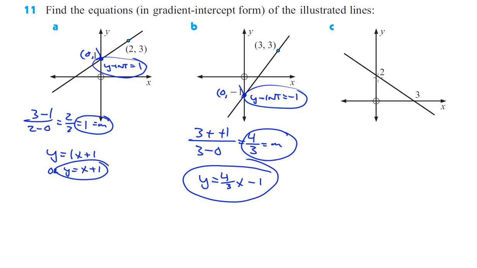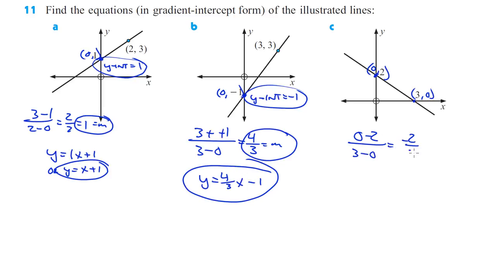Okay. C, there's our y-intercept, so that's at 0, 2. This here is the x-intercept, so that means it goes over 3, but it doesn't go up or down, so that's 3, 0. Okay, so we can find the slope of that by going 0 minus 2 over 3 minus 0.